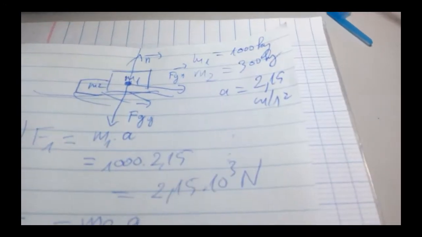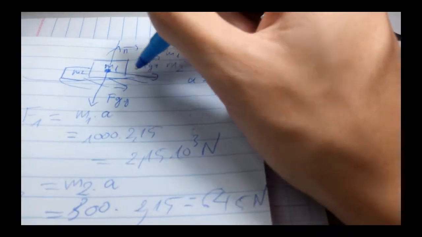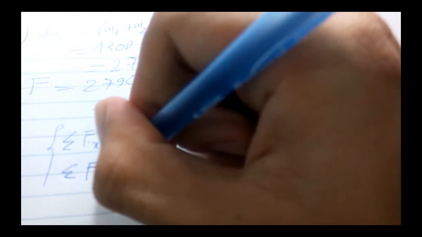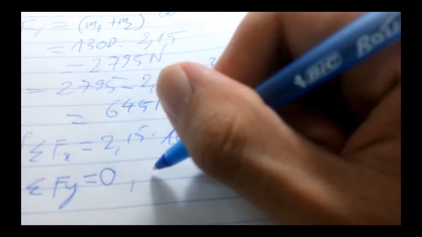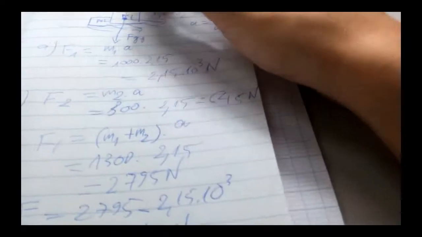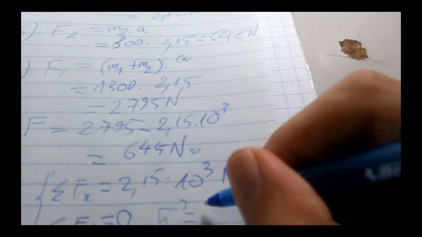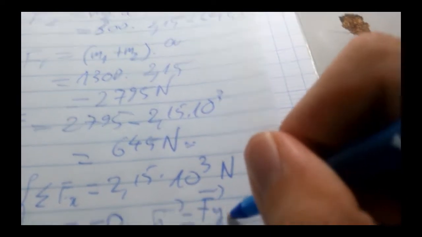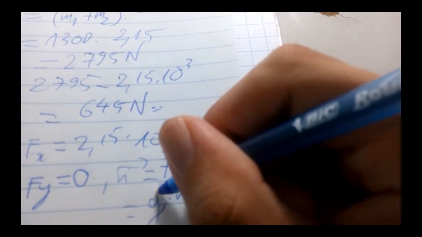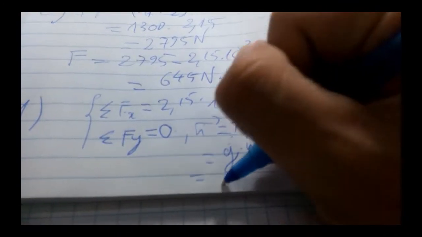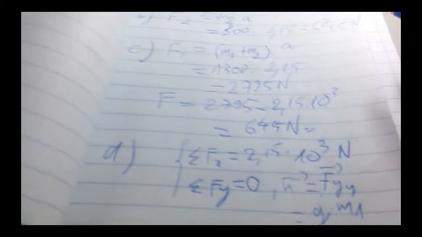Well, the car is actually moving horizontally, so its force on the vertical will probably be zero, and its force upward will equal the gravity force, which is m1 times g. G here is gravity, and we'll use 10. That means 10 times 1,000 equals 10,000.